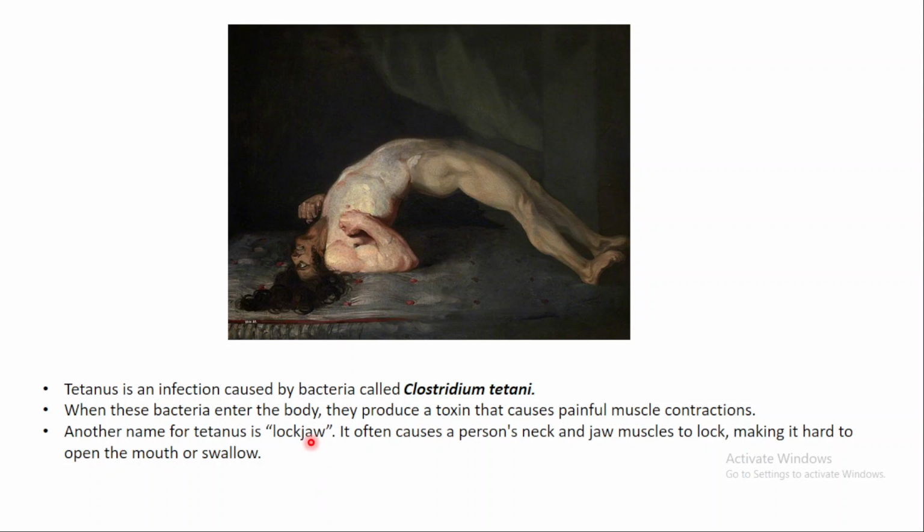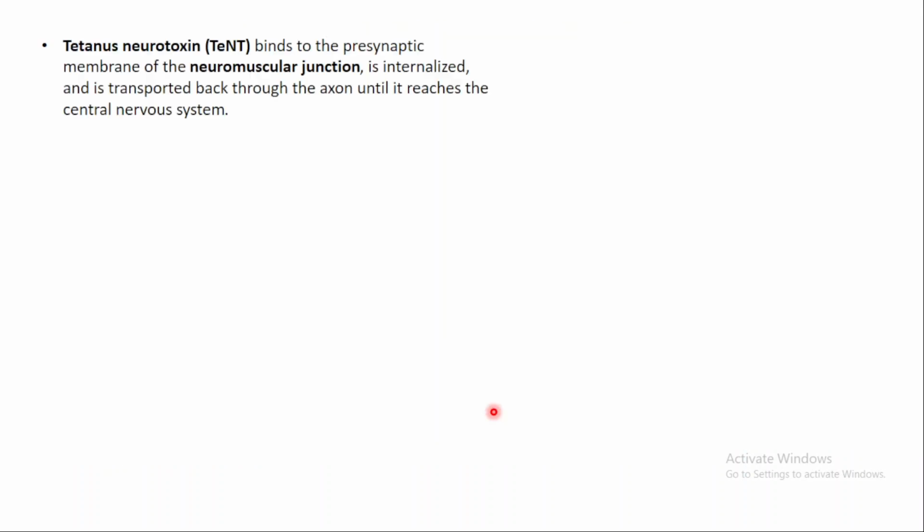Lockjaw is also a common name for tetanus caused by Clostridium tetani. The tetanus neurotoxin is the main notorious player which causes this disease, TeNT. What does it do? It binds to the presynaptic membrane of the neuromuscular junction.